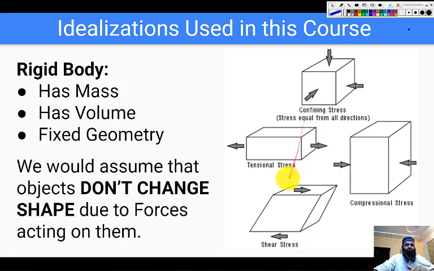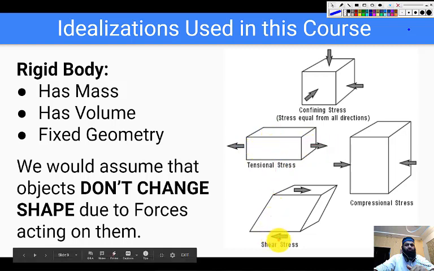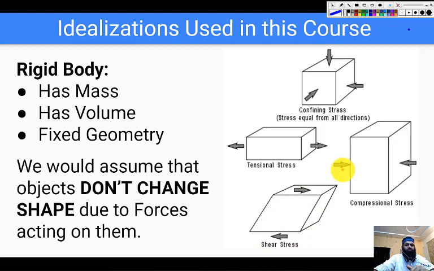If we have tensional stress, meaning somebody is pulling the box from the sides, the box would shrink. If we have shear stress, the box would change shape like this. If we have compressional stress, meaning somebody is pushing the box from both sides, again the shape would change. But this would complicate our situation a lot.